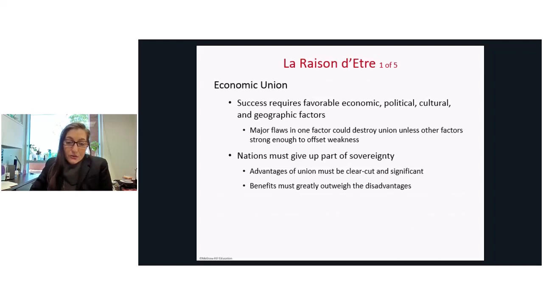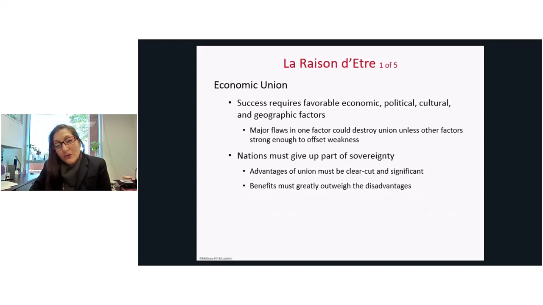So the reason or justification for the existence of an economic union is about the favourable economic, political, cultural and geographic factors that can be a consequence. But of course, major flaws in one factor could destroy the union unless the other factors are strong enough to offset that weakness.